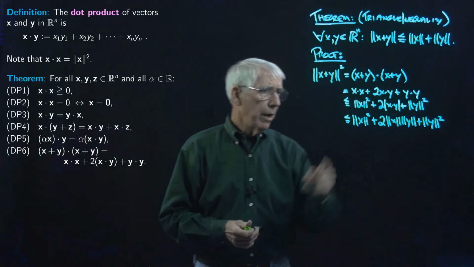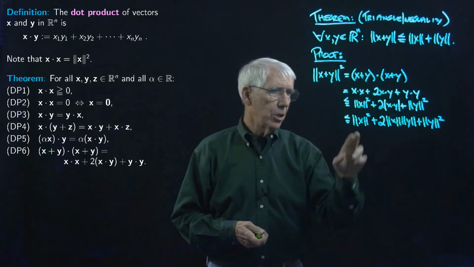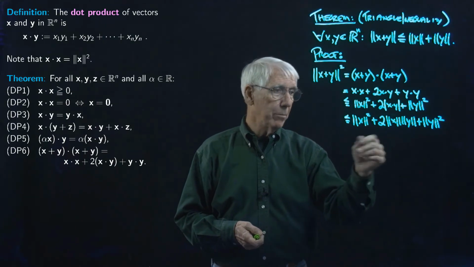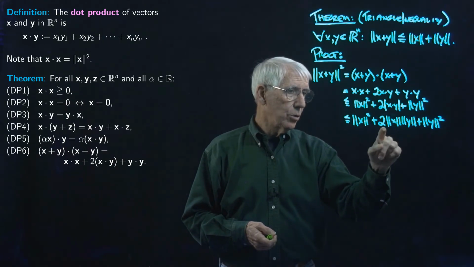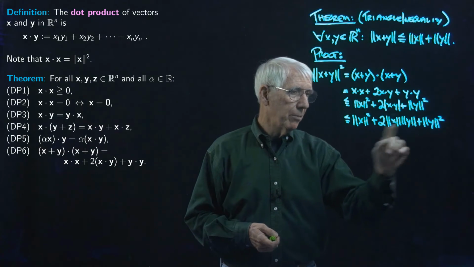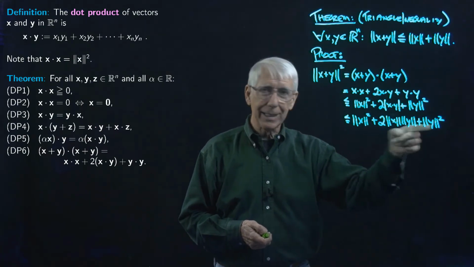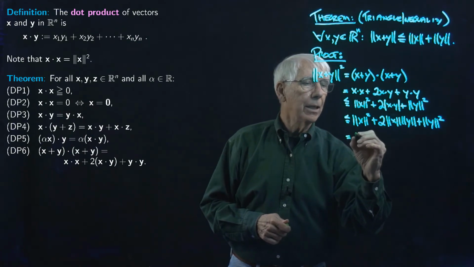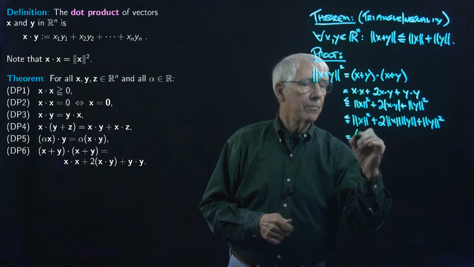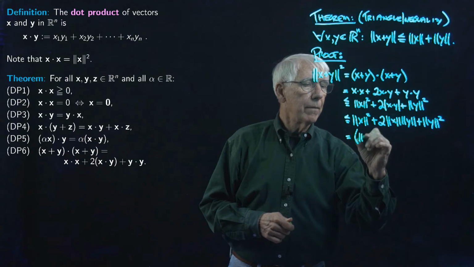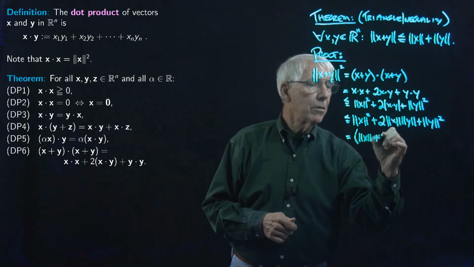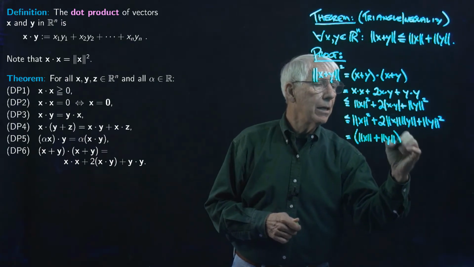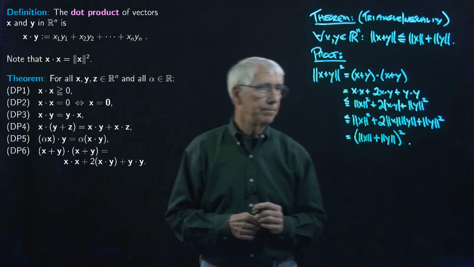And of course, everything in here is a real number. So that's a number squared, 2 times this number and this number, and this number. Well, this is just a quadratic expression, which is exactly the norm of x plus the norm of y squared.